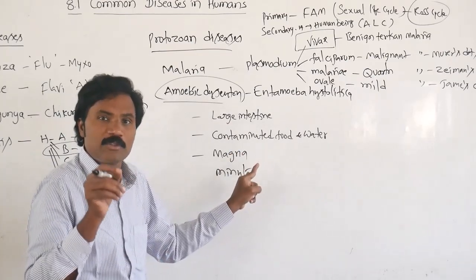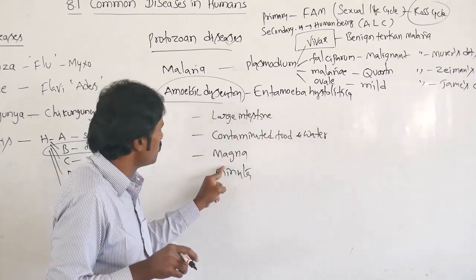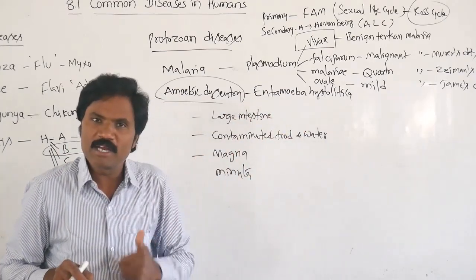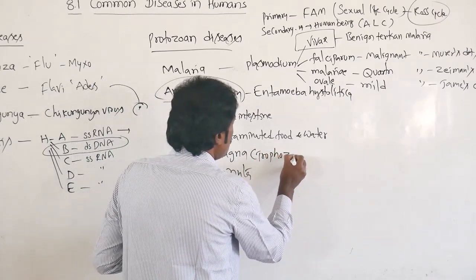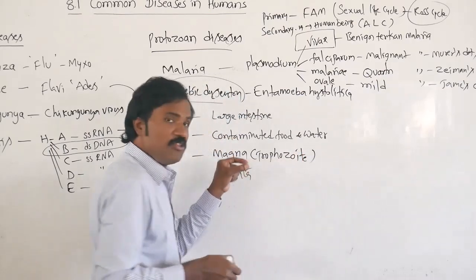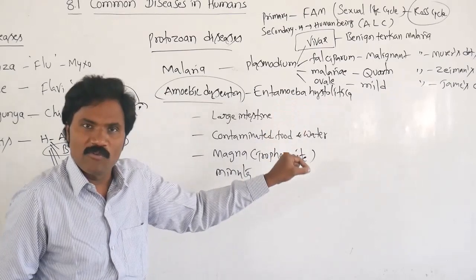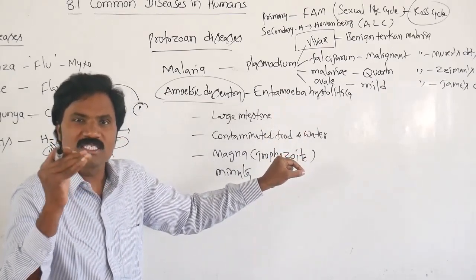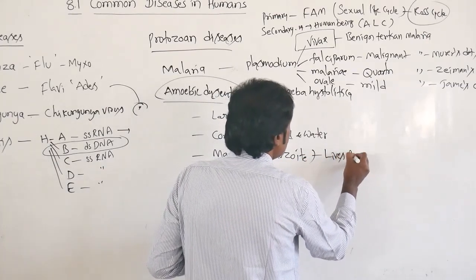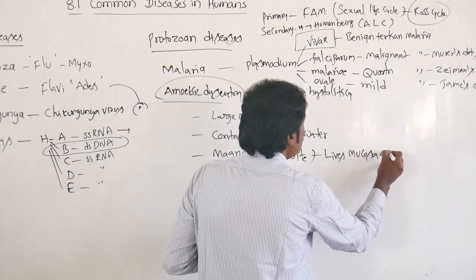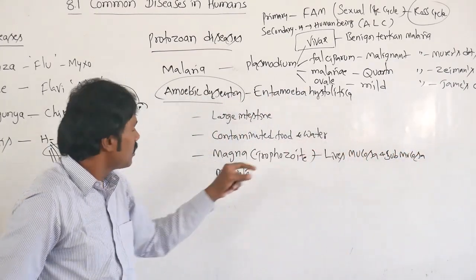So which is the pathogenic stage of amoebic dysentery, that means Entamoeba histolytica? That is the magna stage. What is the other name of the magna stage? We call it the trophozoite. The magna lives, while taking in contaminated food and water, in the mucosa and submucosa of the large intestine.